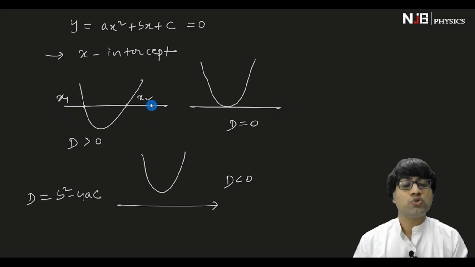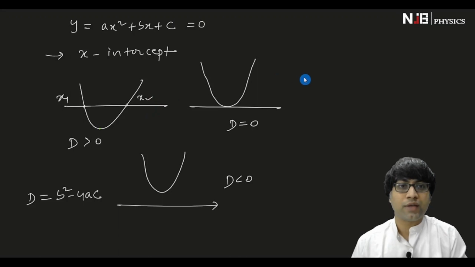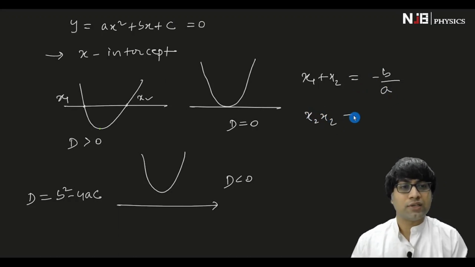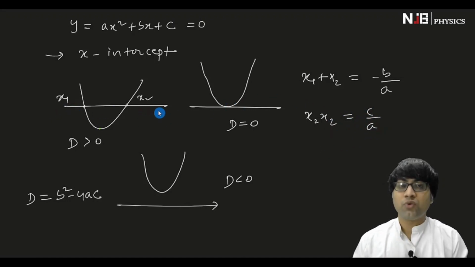They are basically the roots of the quadratic equation, which we have already studied in our high school. We know that the sum of the two roots, x1 plus x2, is equal to minus b by a, and the product of the two roots, x1 x2, is equal to c divided by a. In fact, we can actually calculate the values of x1 and x2 by using the formula that you already know, so I'm not writing it over here.